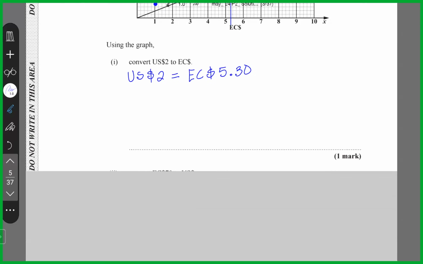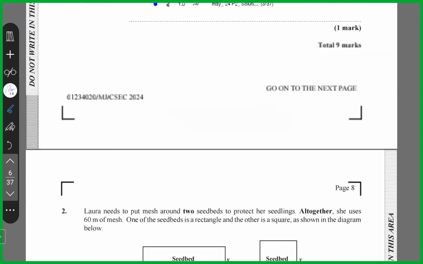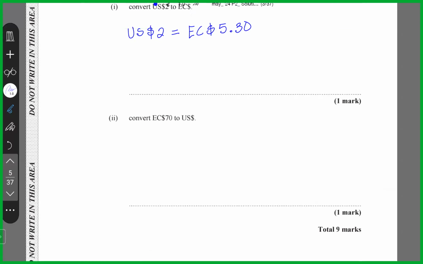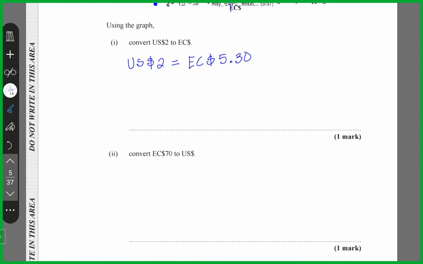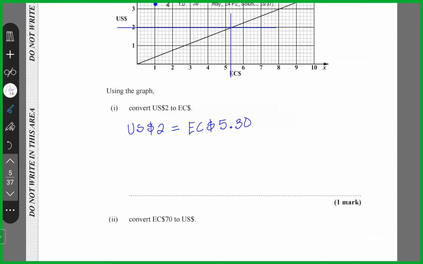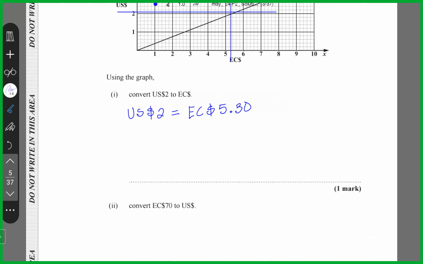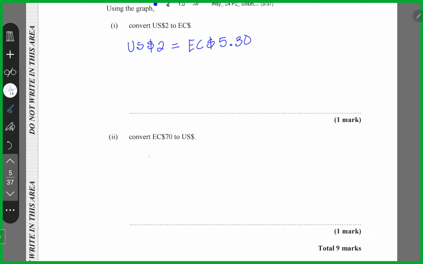Then we're asked now to finish the question: convert EC $70 to US. Now, we could not use the graph for that because we don't have $70 on the graph. So what we can now do is use this initial value, that US $2 is equal to EC $5.30.